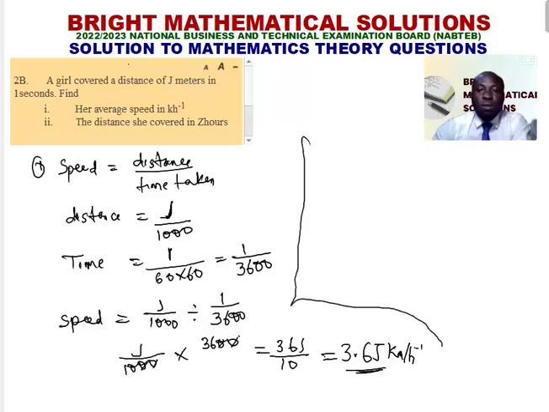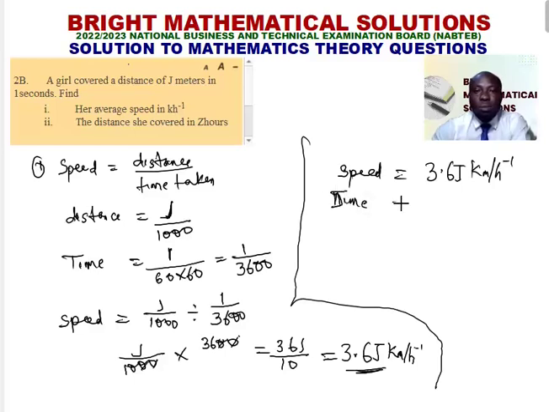Now, the second question says the distance she covered in Z hours. So this is the speed, 3.6J kilometers per hour, and the time is Z hours.